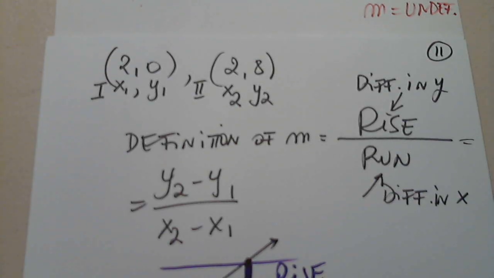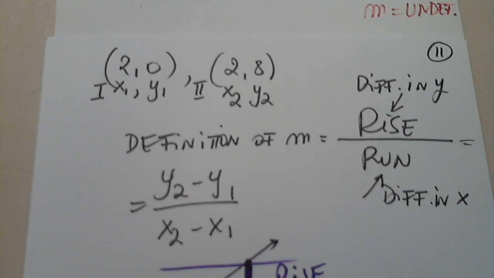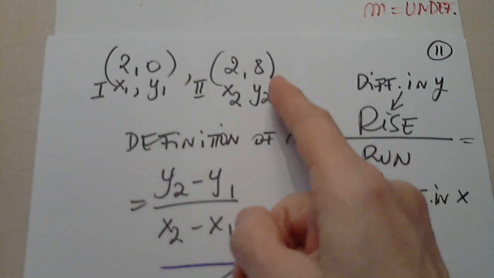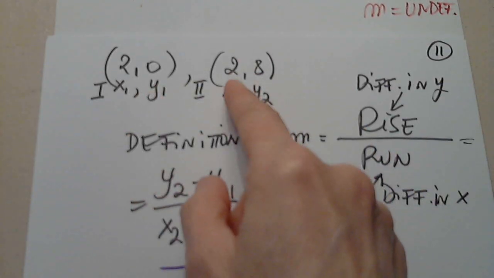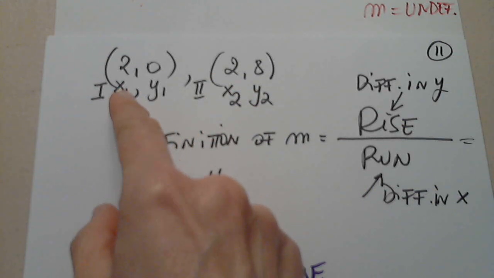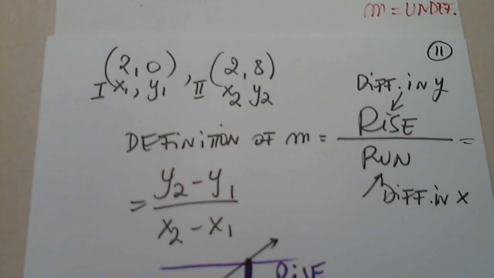This ratio is the steepness of the line. So how much I went up? y2 minus y1. How much I went to the right? x2 minus x1. So let's determine the slope of this line.